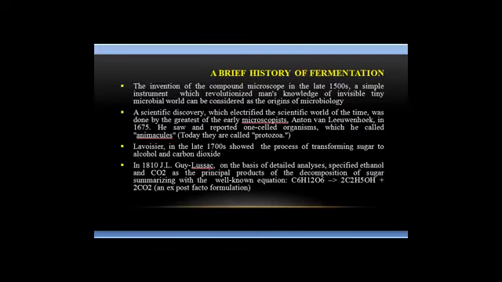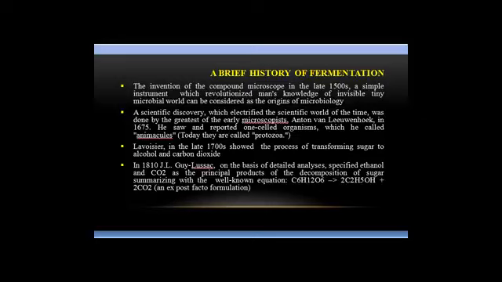A brief history of fermentation. The invention of the compound microscope in the late 15th century, a simple instrument which revolutionized man's knowledge of the invisible tiny microbial world, can be considered as the origin of microbiology.